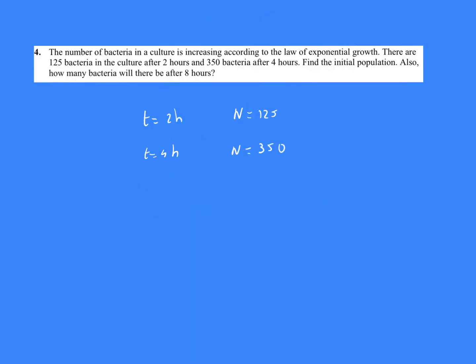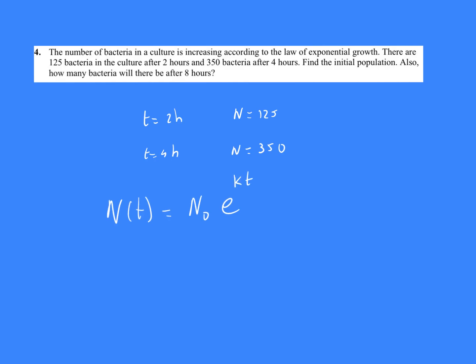So the problem says like this: you initially have bacteria. You don't know how many bacteria you have. The number of bacteria in a culture follows the law of exponential growth. The law of exponential growth says that the number of bacteria is the initial amount of bacteria multiplied by e to the kt.